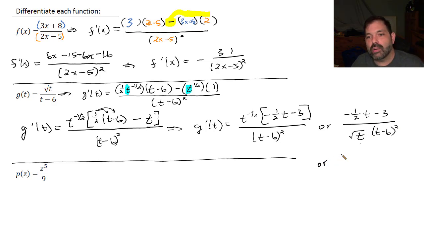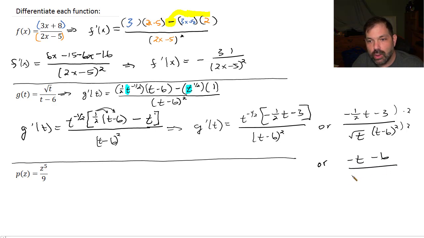Or we can multiply both numerator and denominator by 2 to clean up that fraction. And so that would give me negative t minus 6 over 2 root t by t minus 6 squared.